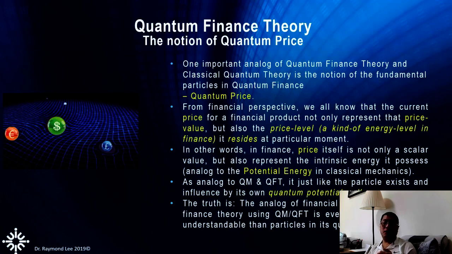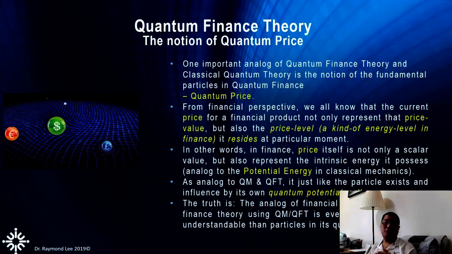So the truth is that the analog of the financial particle in quantum field finance theory, using that kind of concept, is even more sensible and easy to understand than particles in a quantum field. Because the particle in a quantum field is conceptually sensible, but you can't see it, right? You can't see a particle, or even the energy field, you can only see the effect.